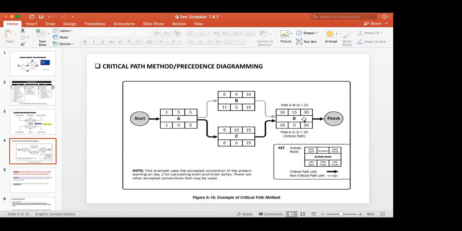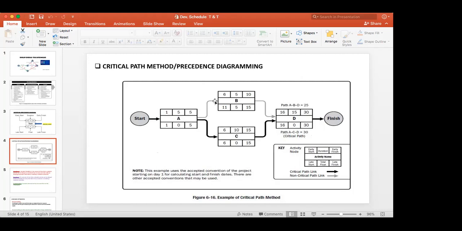If you see the duration of the A, C, D path, what is the duration? Here 5, here 10, here 15. What is the duration? 25. If you take this other part, 5, 10, 15 is 30.